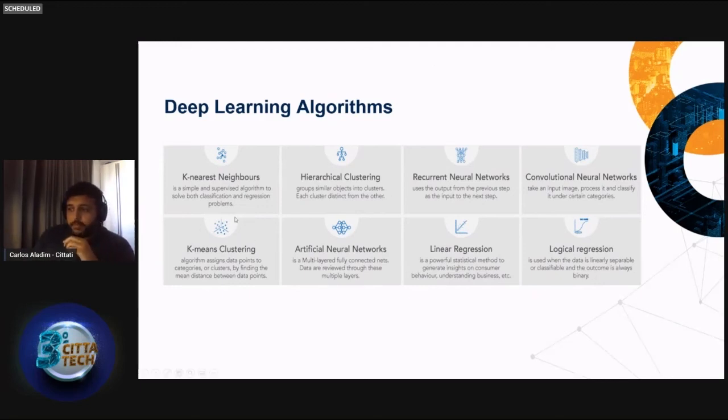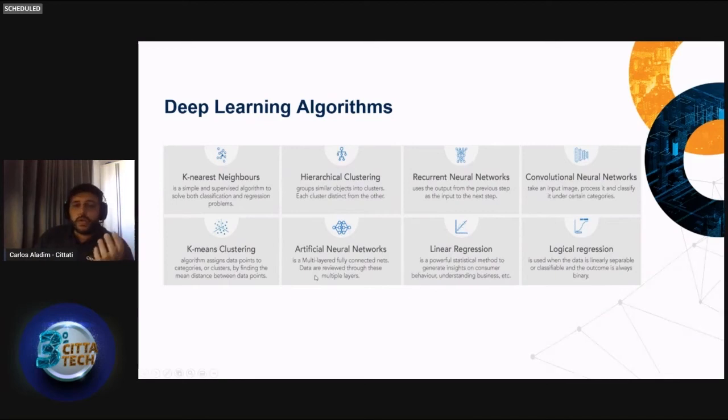We have the K-means clustering, that assigns points to categories or clusters. It is very good for clustering and classification, and it finds the mean between data points. We have the hierarchical clustering that groups similar objects into clusters.